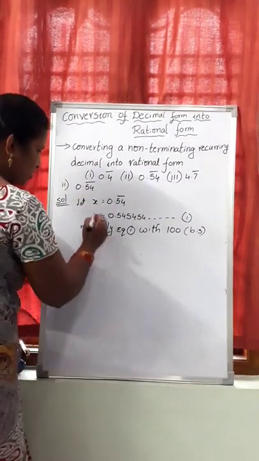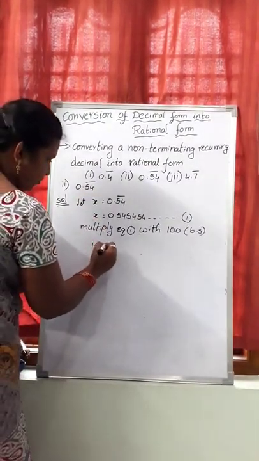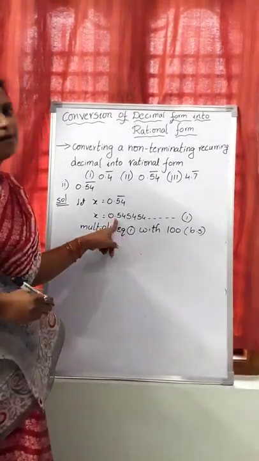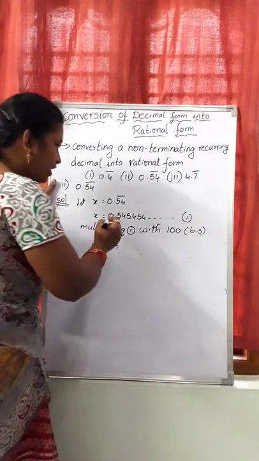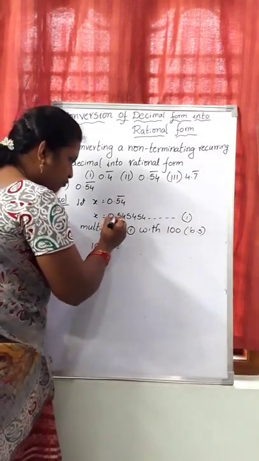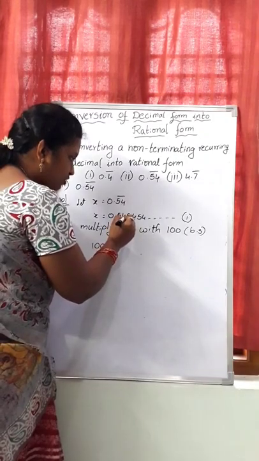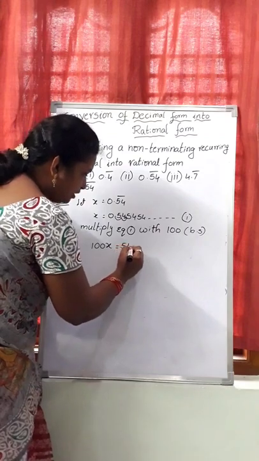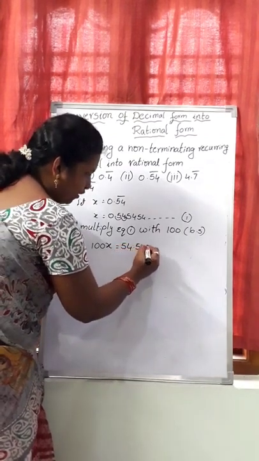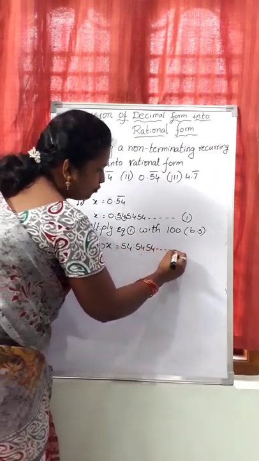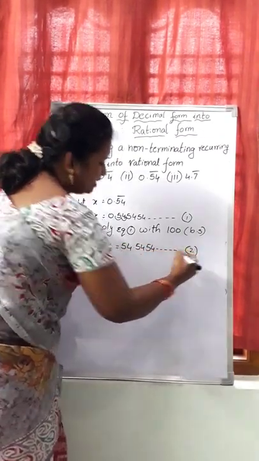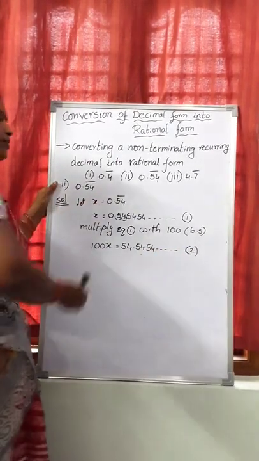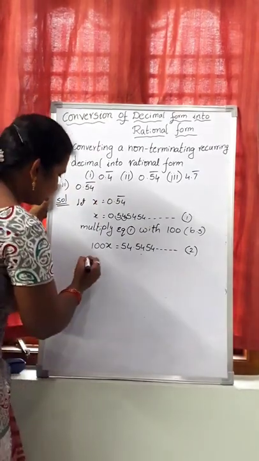So in the left hand side 100 into x is equal to, and when we are multiplying a decimal number with 100, the decimal point will move 2 places forward to the right side. Then it is 54.5454 and so on. Let us take it as the second equation. Once again we have to subtract equation 1 from equation 2.